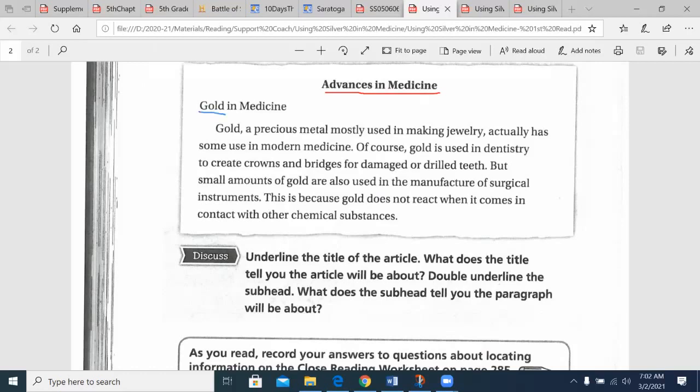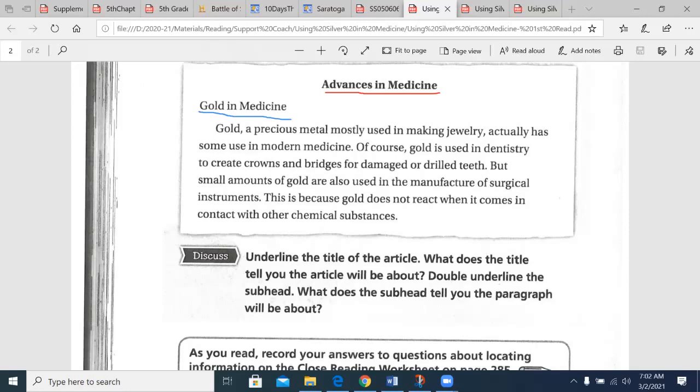My subheading is gold in medicine. Okay. I know that we were just talking at the beginning of this about using silver in medicine, but talking about gold in medicine, maybe the element gold can be used in medicine somehow. So it gives me an idea of what it might be about.